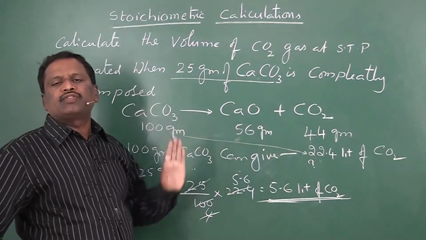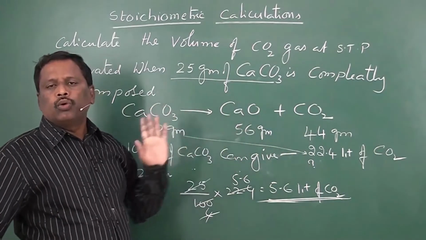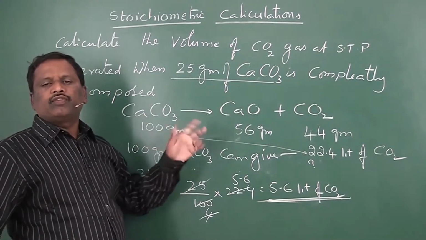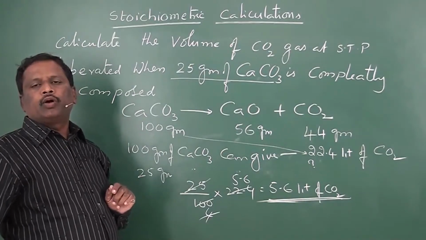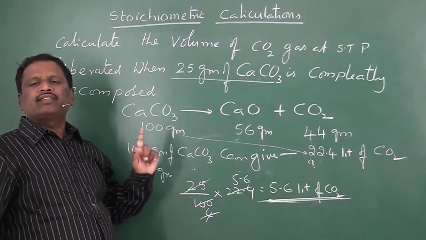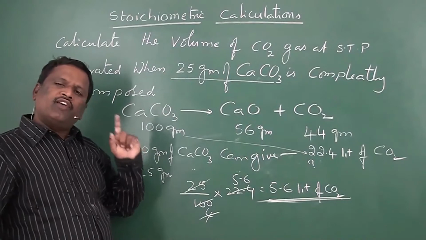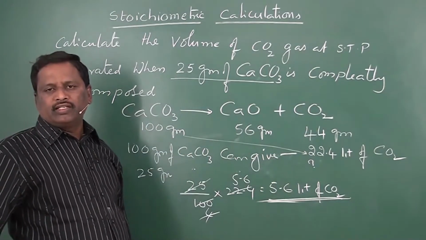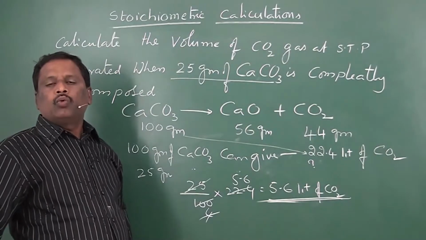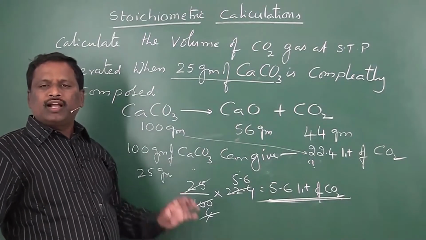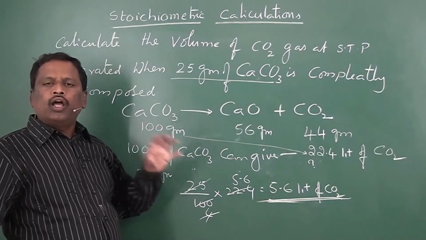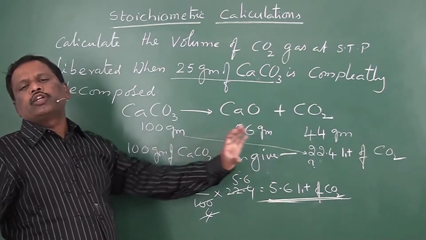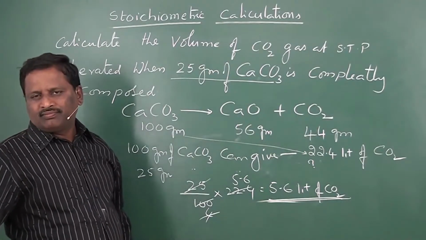This 44 grams of CO2 is said to be 1 mole because 44 is the molecular weight. So 44 grams will be the gram molecular weight, gram mole, or simply a mole. So 1 mole of any gas at STP conditions will occupy 22.4 liters, which we call the gram molar volume. So the carbon dioxide volume in the decomposition of 100 grams of CaCO3 is 22.4 liters.